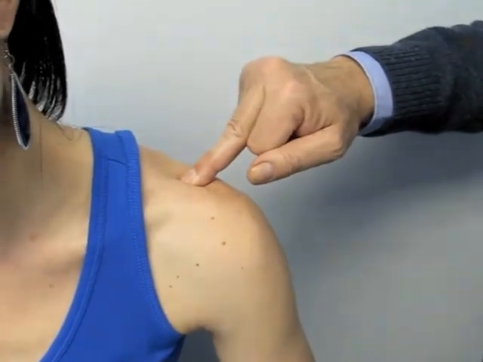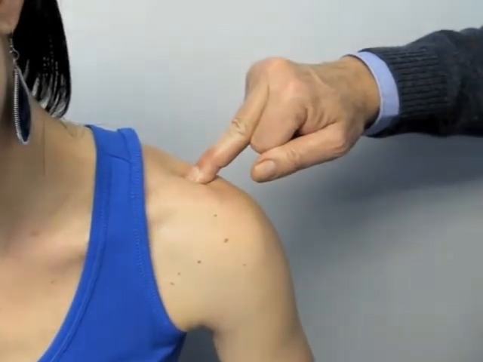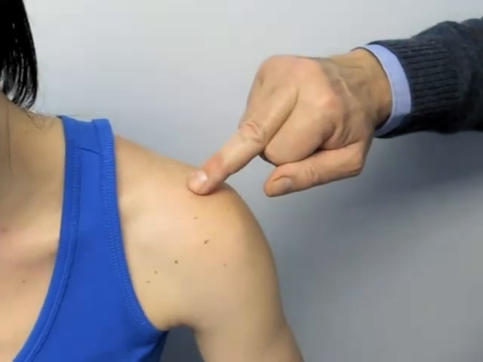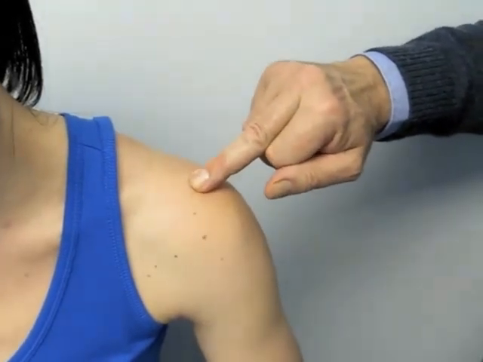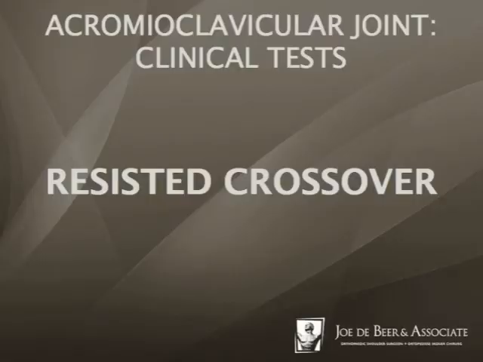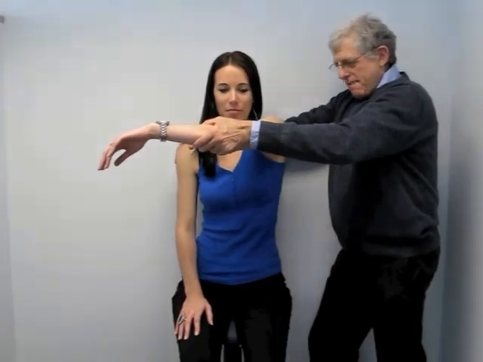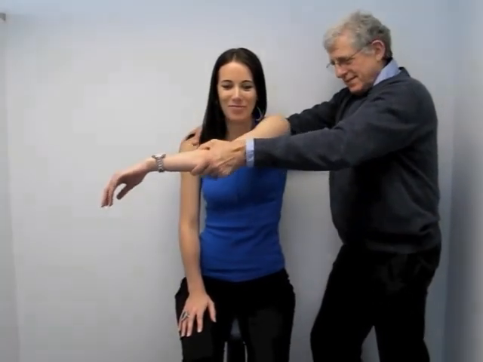You can see you push here in the soft spot just behind the joint, and just in front of that is the localization of the AC joint. The resisted crossover test is very accurate, also called the O'Brien's test for the AC joint, and usually elicits pain if the AC joint is implicated in the clinical picture.